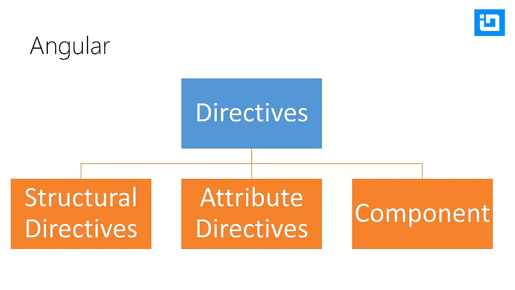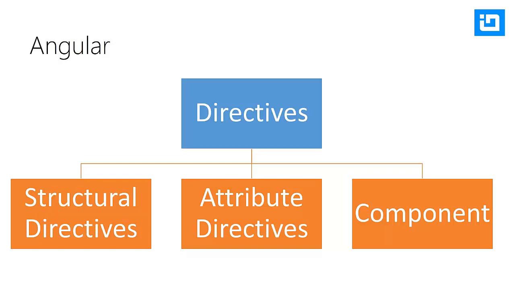One is called a structural directive. What a structural directive does is change the structure of your DOM. For example, ng-for is a structural directive. It loops, it repeats a particular DOM element wherever you have applied it. Attribute directives change the attribute of a DOM element. So if you have applied a color attribute directive on a DOM element, it will change the color of that particular element.